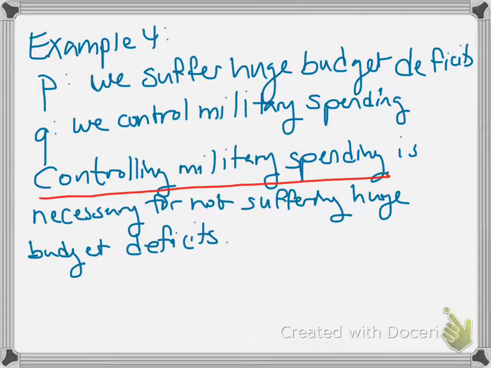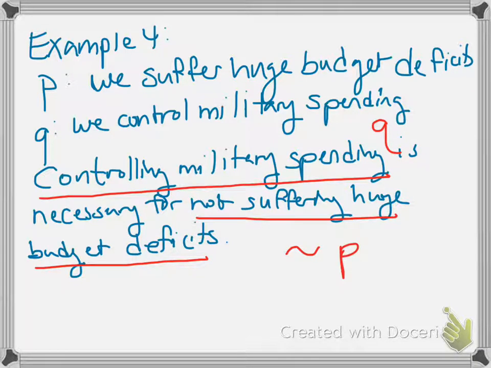No. They've reworded it to make it sound better in the compound statement. And that's going to be statement Q. Is necessary for, so notice that that's one of those expressions that we saw in the last slide, not suffering huge budget deficits. Statement P was we suffer huge budget deficits. So since we're not suffering huge budget deficits, that's going to be not P.